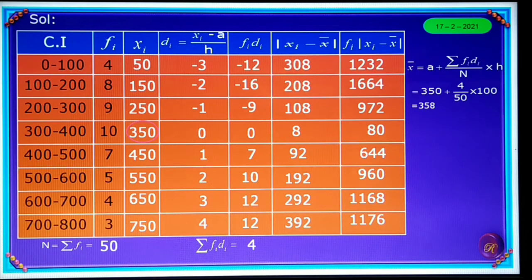Yes, summation of fi into absolute values of xi minus x bar is equal to 7896.